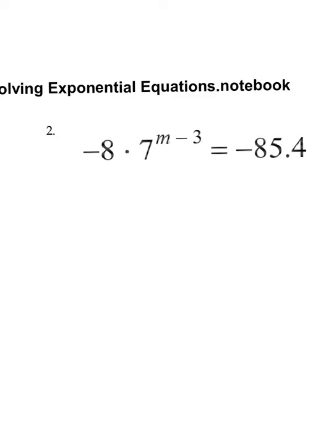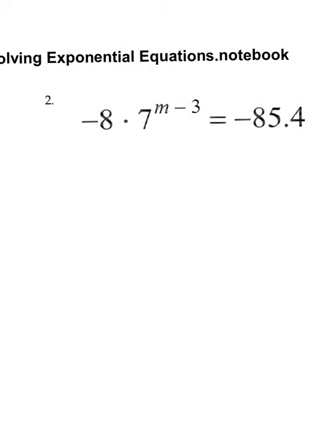Number 2, negative 8 times. So what's my first step? Divide both sides by negative 8. Don't do plus 8, this is multiplication. So divide by negative 8.